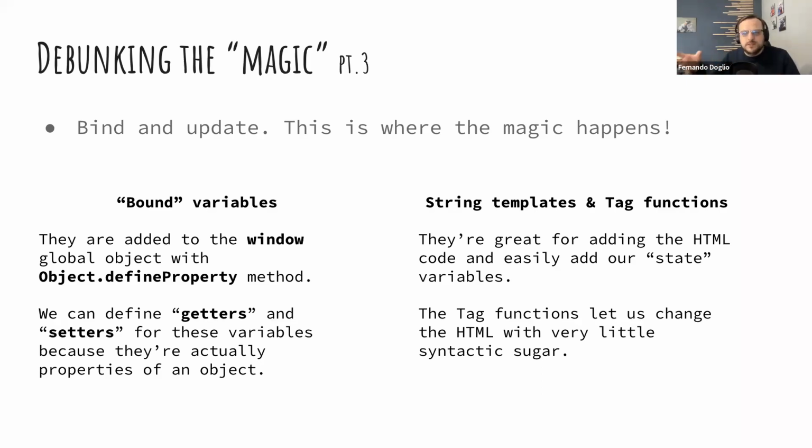But it's not the same thing for properties. We tend to think of properties as simply variables within an object, but in JavaScript we can add more juice to, or let's say we can overload, our object properties to have more power. That power comes, in my case, in the form of getters and setters.